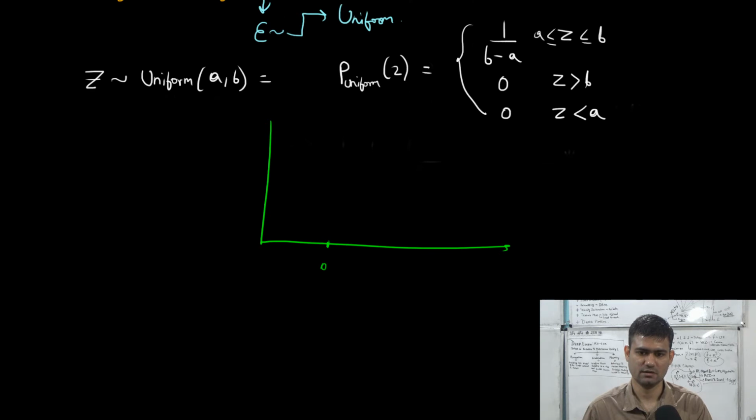Assume that this is A and this is B. This is Z and this is P of Z.